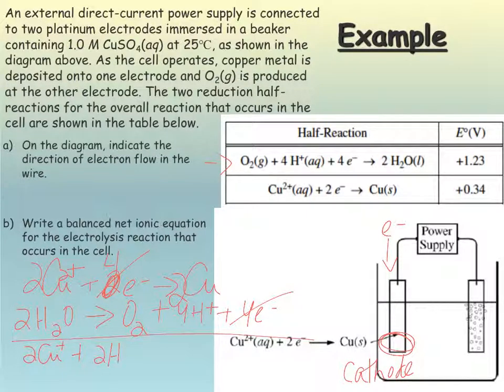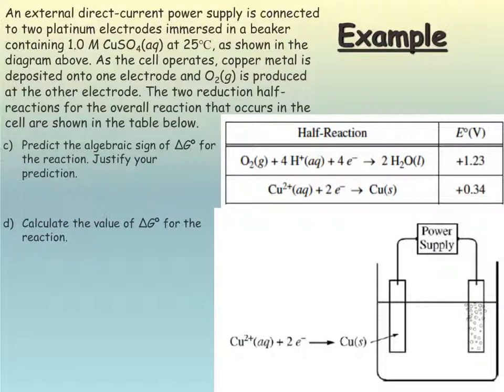Because I just screwed that one up. All right, 2 H2O, and not sure why I wrote a plus sign there. That is making the 2 coppers, the 1 oxygen, and the 4 H pluses. So hopefully you realize that this solution is going to get more acidic as we go along.